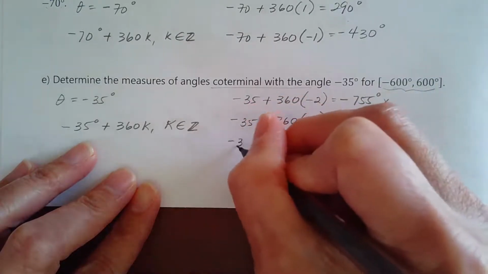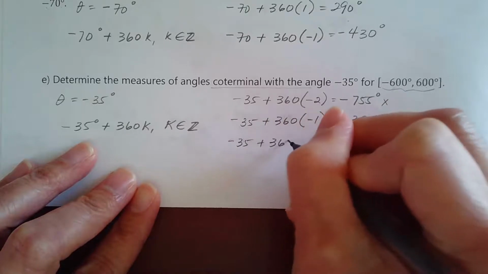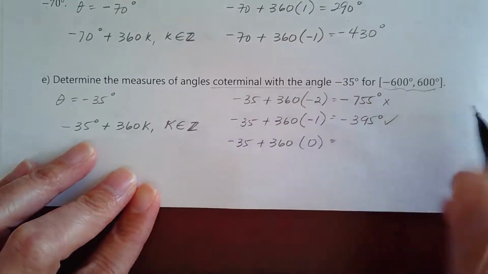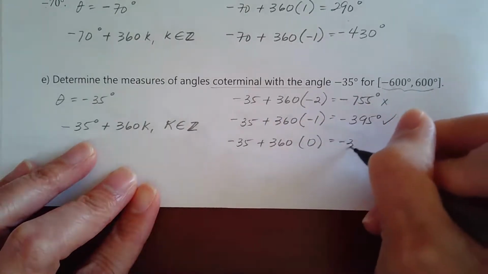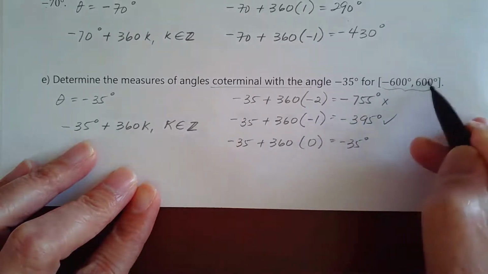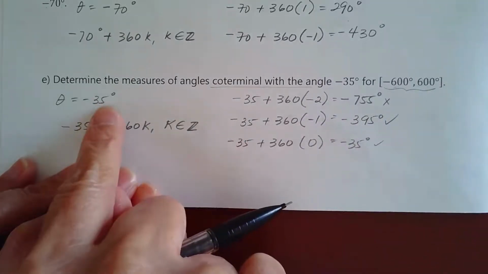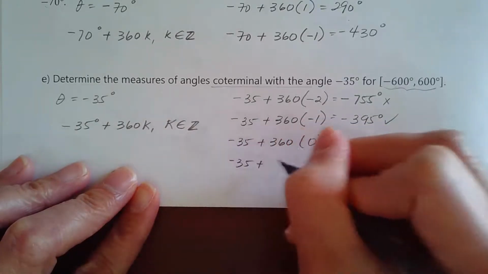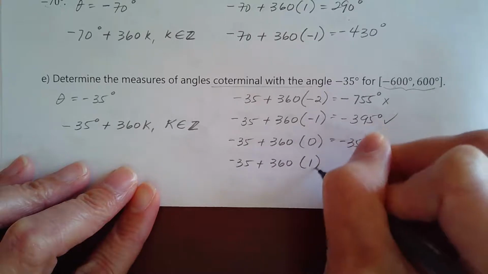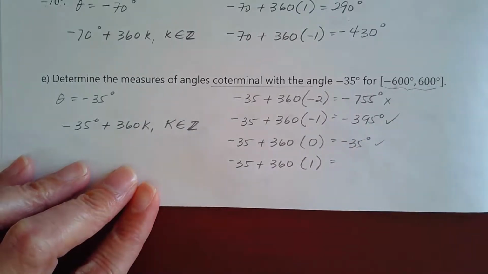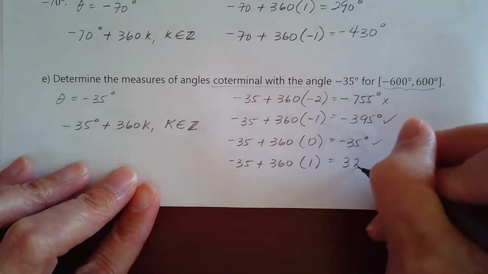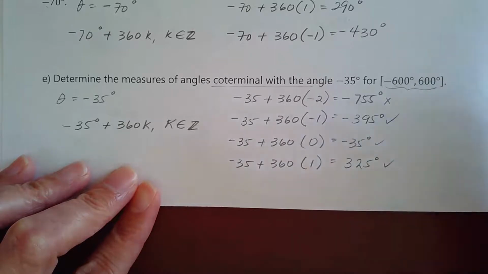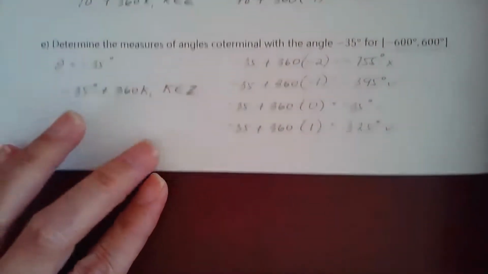If I go negative 35 plus 360 times 0, that's just going to give us negative 35. Okay, and that's within that limit. And then if I go negative 35 plus 360 times 1, it's going to give us 325 degrees. So that one is still within the limit.